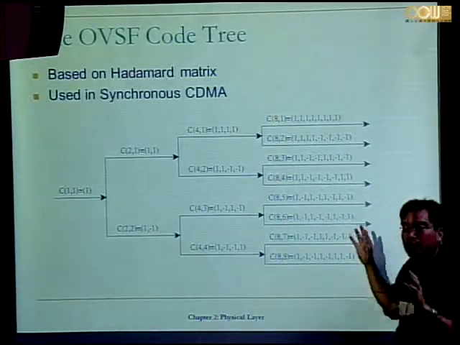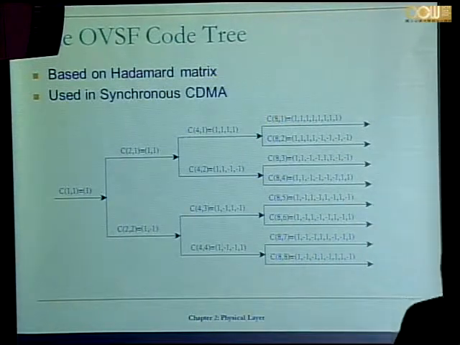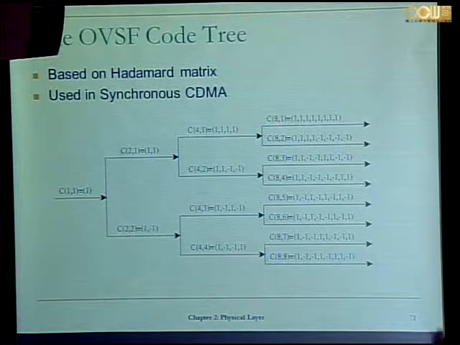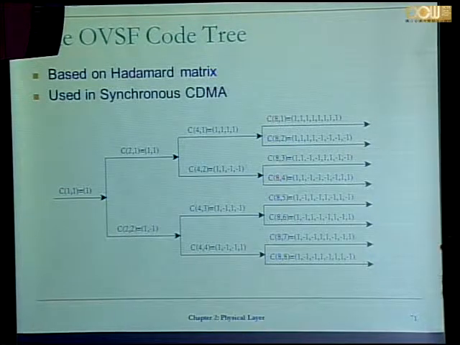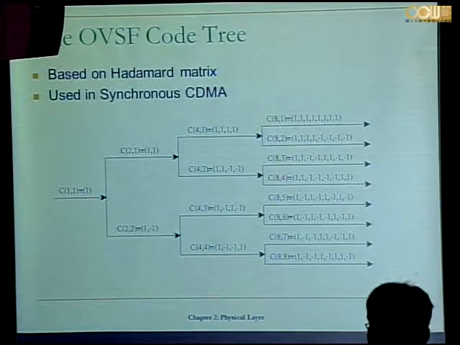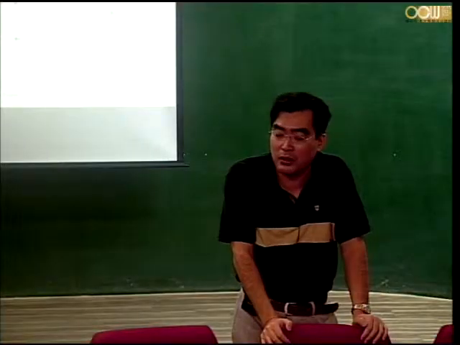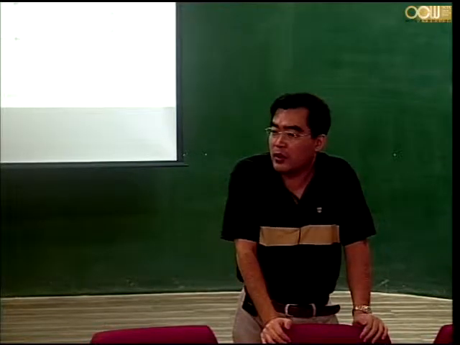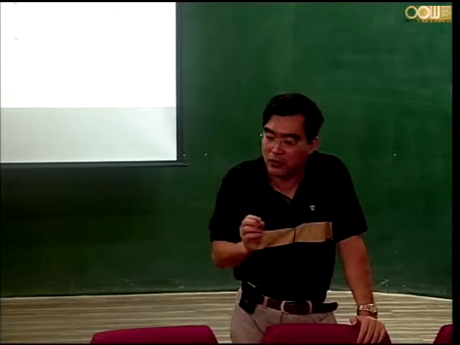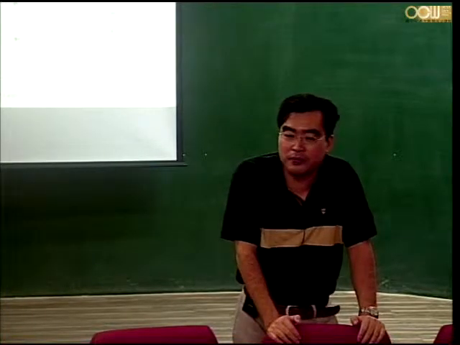So I have four 1s and four minus 1s. The inner product will be what? 0, right? So these two are orthogonal to each other. And you can examine each pair. You can do the inner product for any two of them, and you will find that their inner products are all 0. That means they are carefully selected so that they are orthogonal to each other.